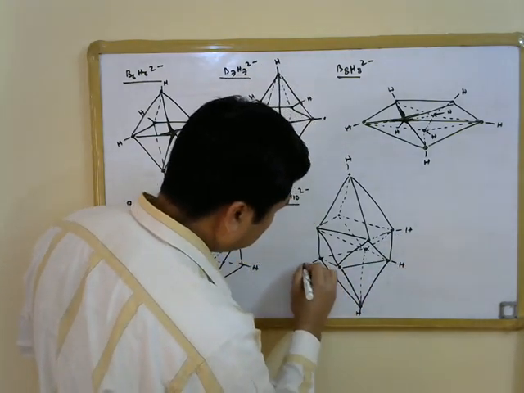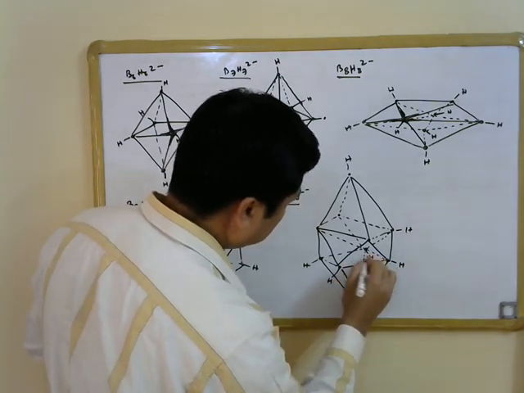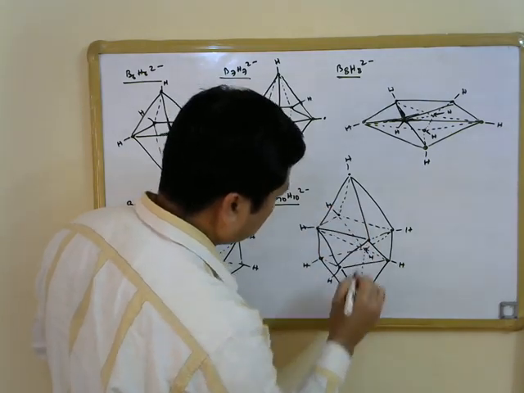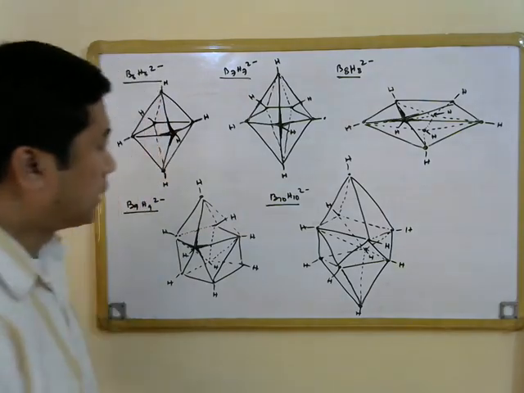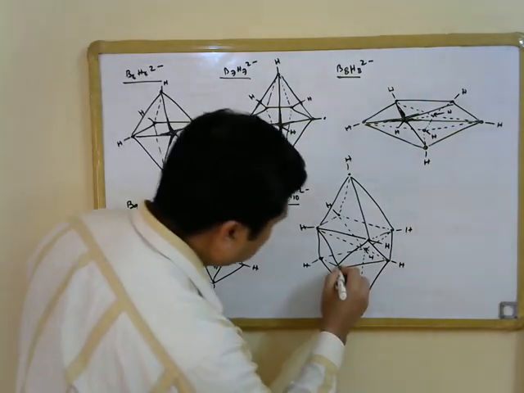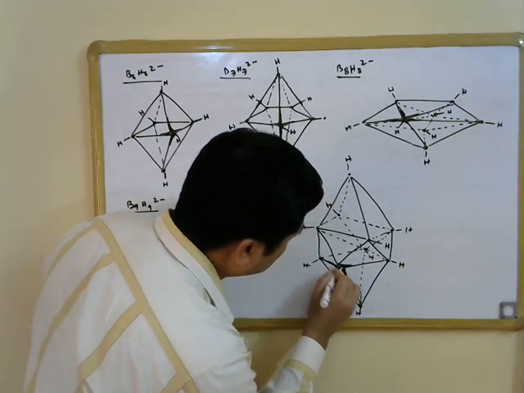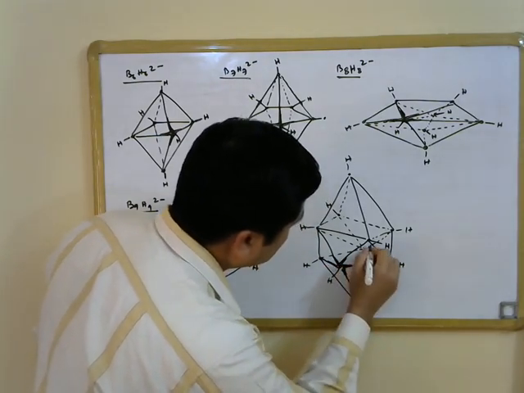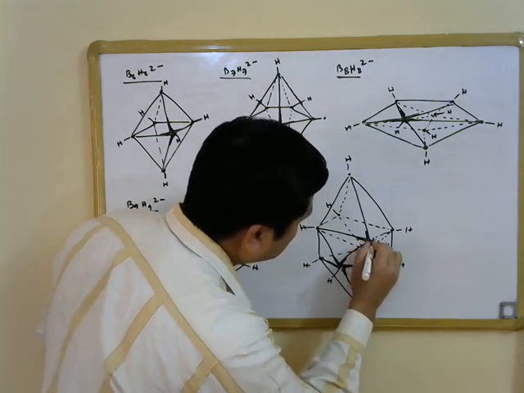Total 10 boron centers. So that is the structure of B10H10 2 negative. One should darken these bonds again to get the three-dimensional impression here.